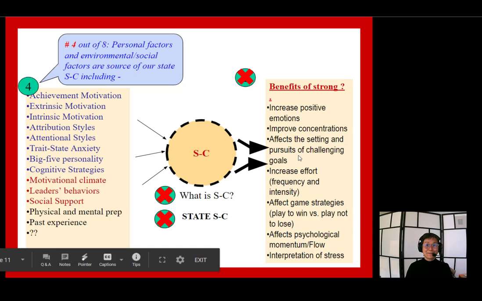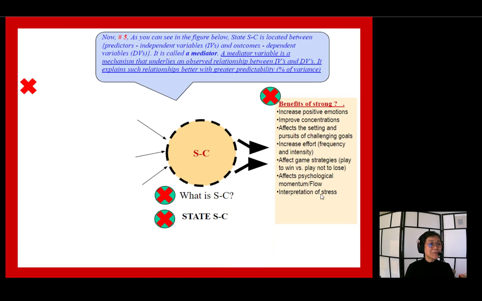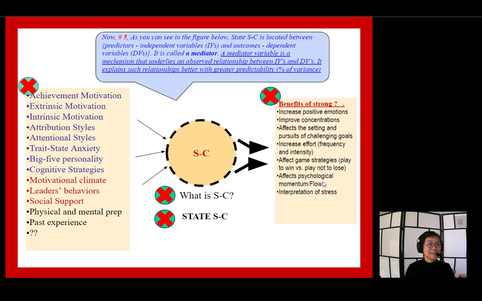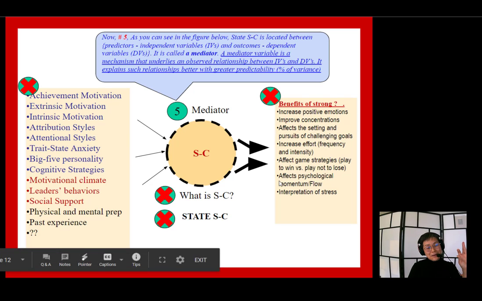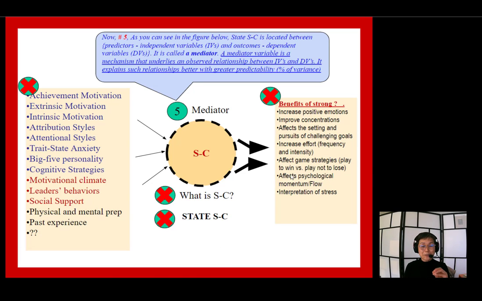That's number 5. Number 5 is called a mediator. Oh, what is the mediator? This is a variable name, not independent variable, not dependent variable.